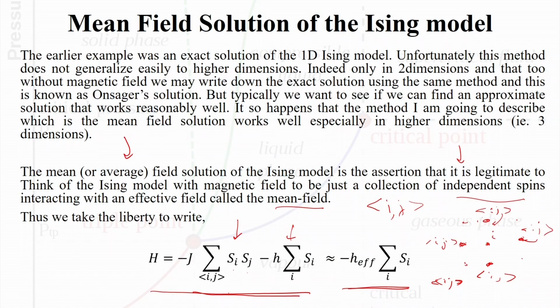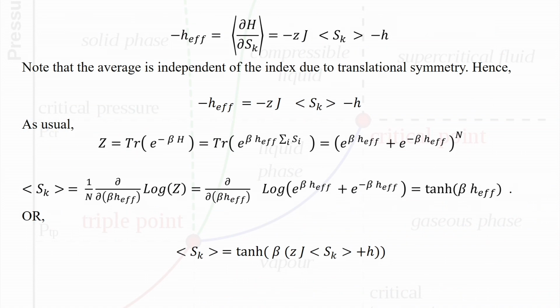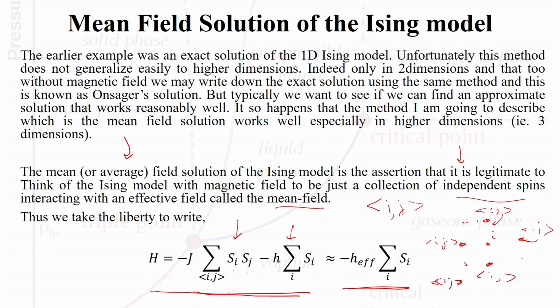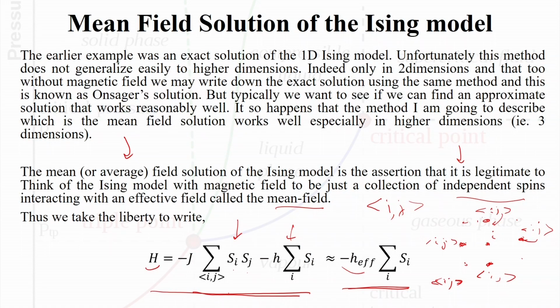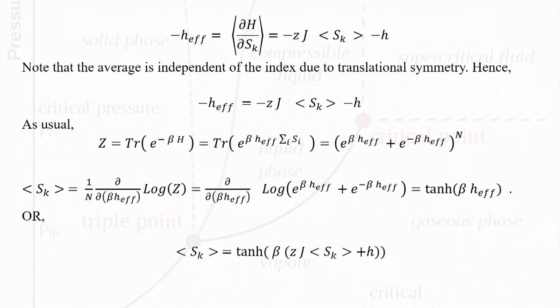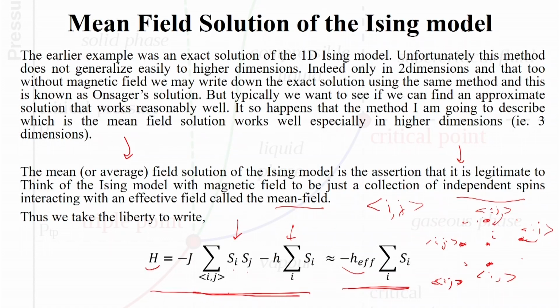And so how would you calculate, for example, the effective field? One way to calculate the effective field is to take the Hamiltonian and differentiate with respect to any one of the spins, say some particular spin s_k. Then clearly that's going to be your H effective. So effectively I am differentiating with respect to s_k and then summing over all the nearest neighbors.